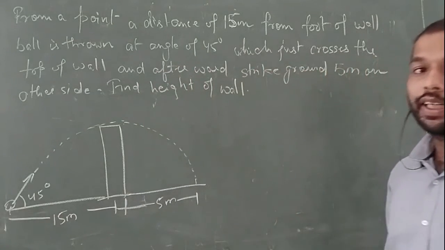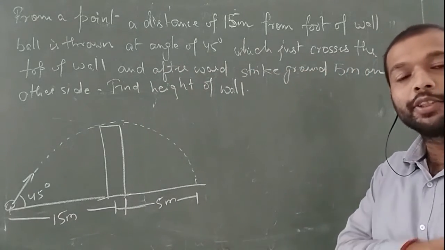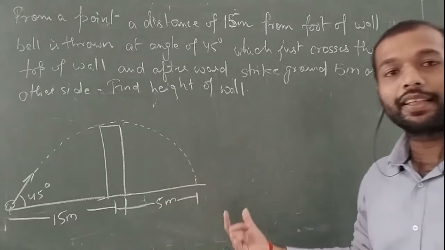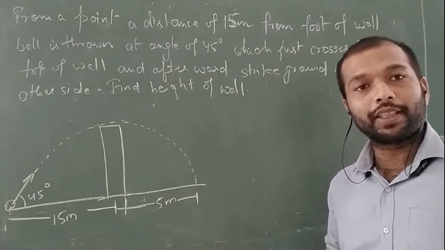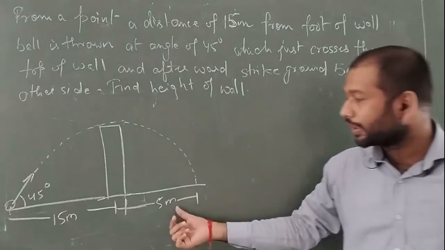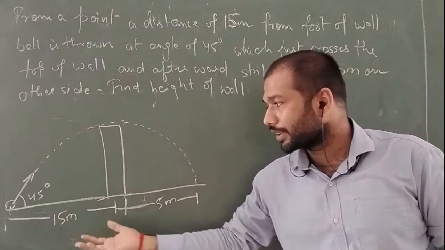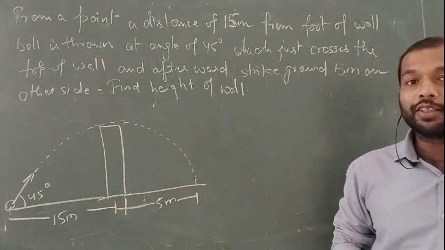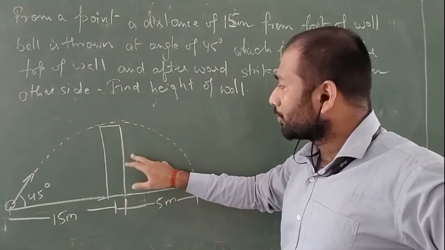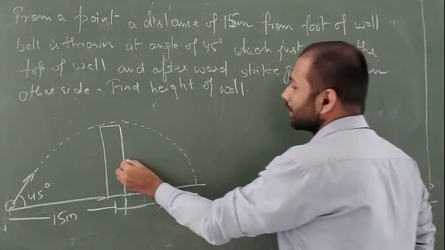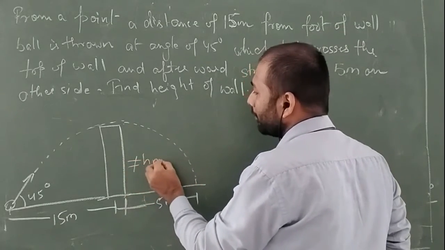So you cannot say that. The question hints that the wall is not exactly at the middle of the range, that is, not between the ends of the range. It has different distances given on either side. One more conclusion we can get is that this cannot be the maximum height.